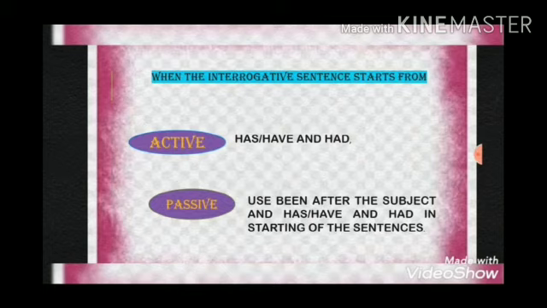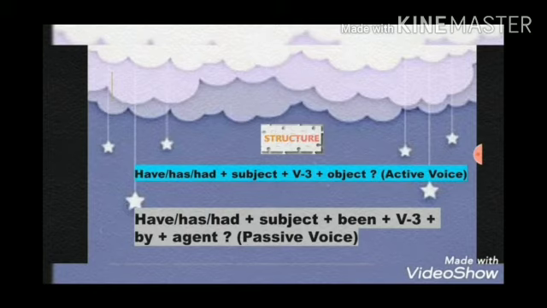Next, when the interrogative sentence starts with has, have or had, this is perfect tense. Then in passive voice, use been after the subject, and has, have or had is the start of the sentence in passive voice. Here is the structure for perfect tenses: have or has or had plus subject plus verb 3 plus object in active voice.